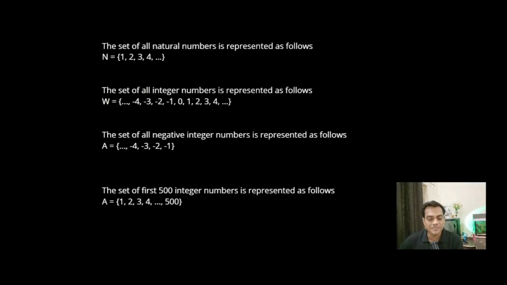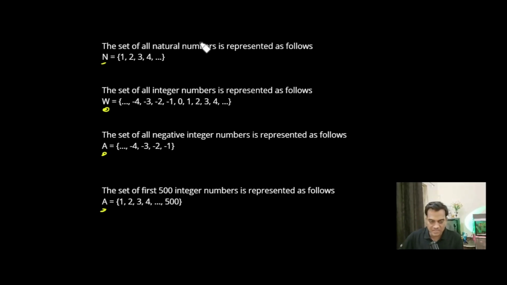Now consider these four sets. The first is the set of natural numbers, represented by capital N. The second is the set of integers, represented by Z. The third is the set of negative integers, and the fourth is the set of the first 500 integers. In these four sets, one thing is common, which is called the ellipsis.